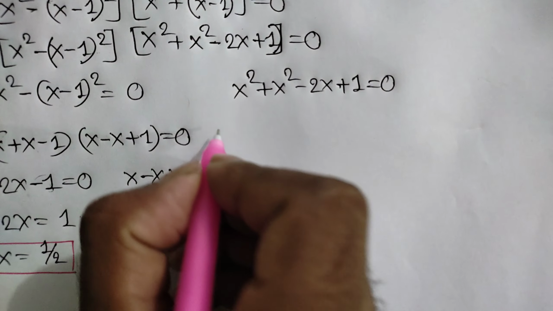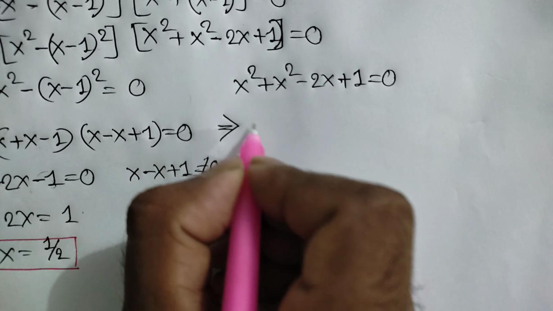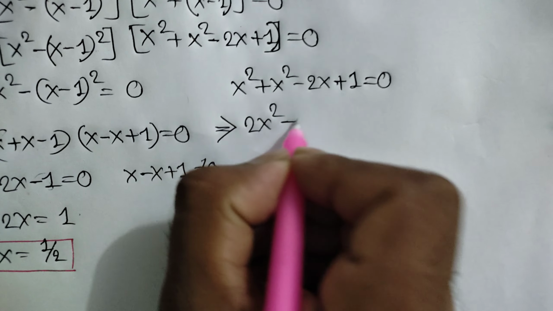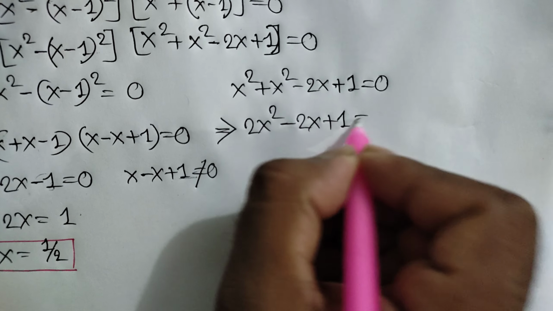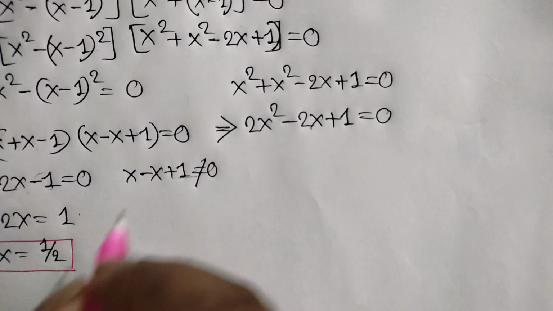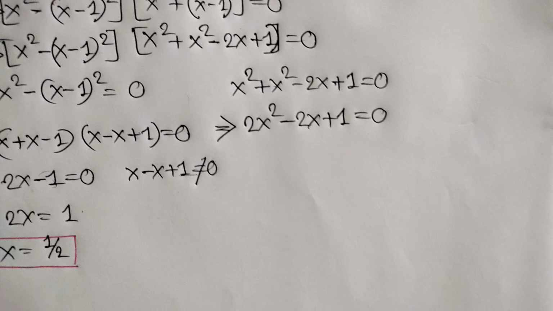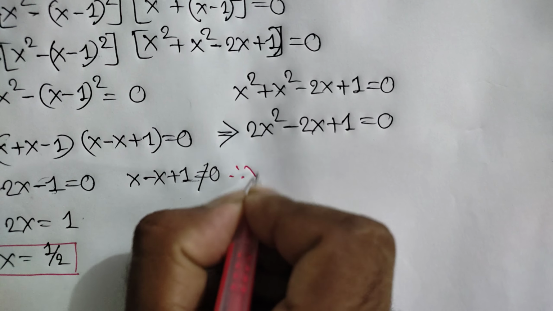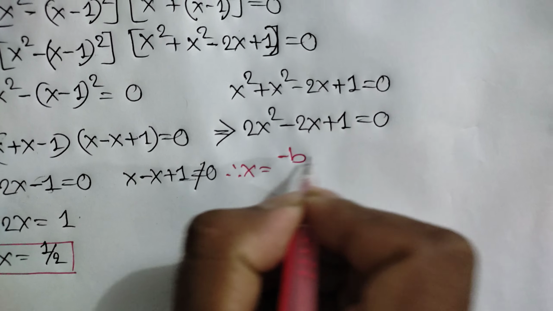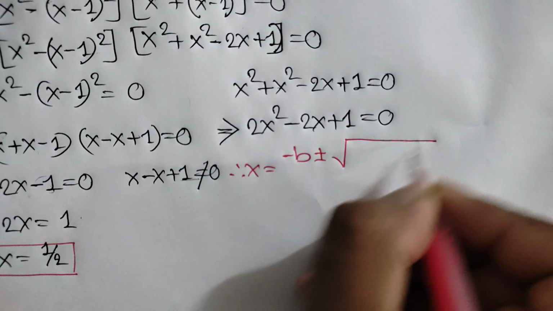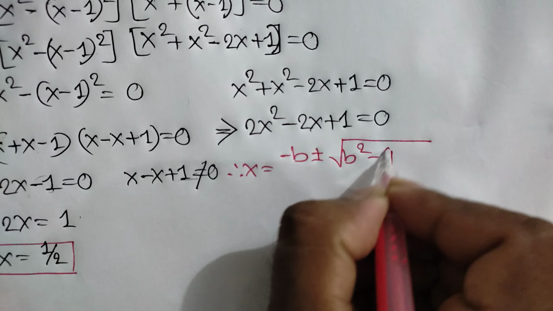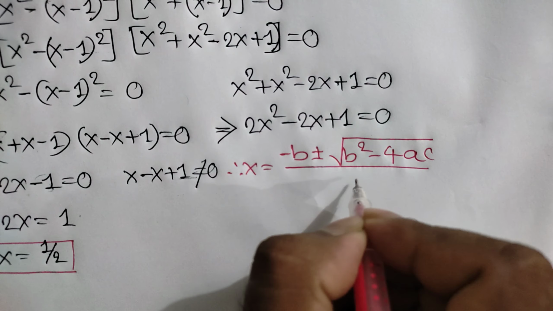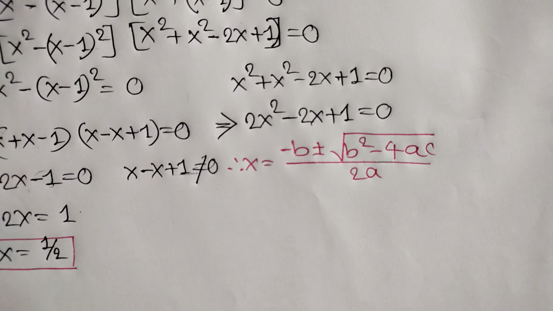Or now here x² plus x² is 2x² minus 2x plus 1 is equal to 0. This is a nice quadratic equation, so we can write x is equal to minus b plus or minus square root of b² minus 4ac over twice a.